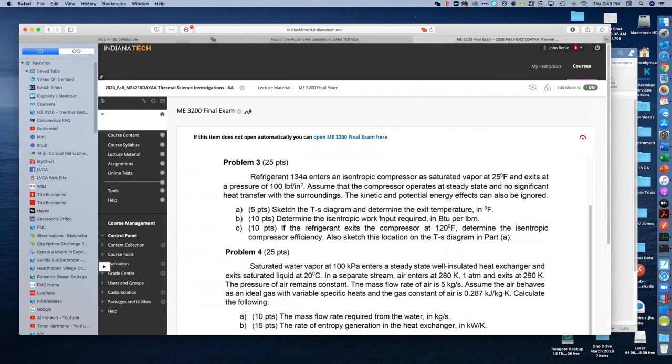The last part is to determine what happens if we allow it to be non-isentropic, with some irreversibility occurring, and then determine the actual compressor efficiency. In this case, we're allowing the temperature to rise because of irreversibility up to 120 Fahrenheit, and we're going to determine the isentropic compressor efficiency and look at where that new location would be.